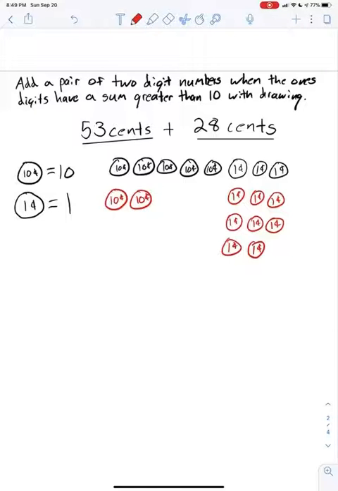Well, let's see. So a dime is worth 10. So we're going to need 10 of these pennies to be able to equal 1 dime. So I have 1, 2, 3, 4, 5, 6, 7, 8, 9, 10.